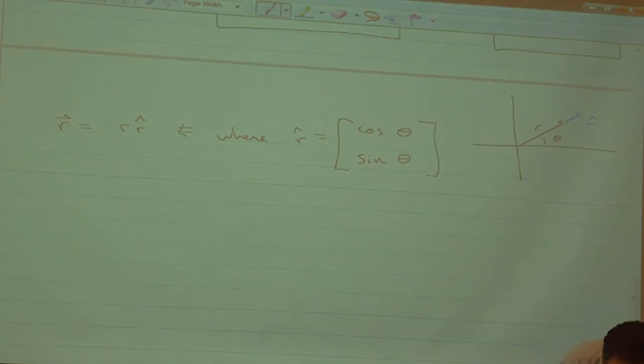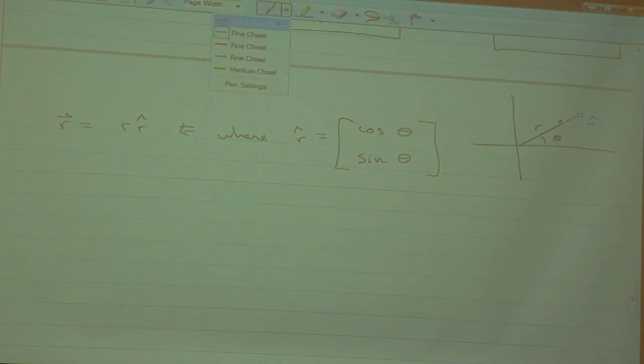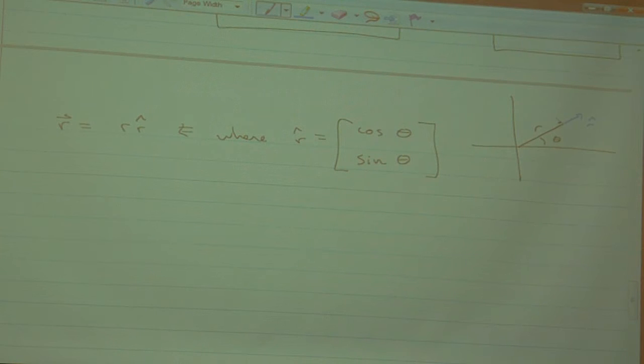Theta hat is perpendicular to r hat, which means it looks like this. And if you work for a little bit, you can figure out that theta hat is minus the sine of theta, cosine of theta.